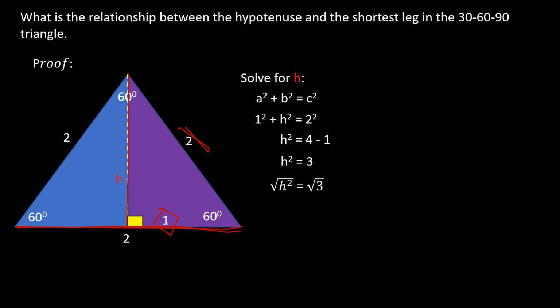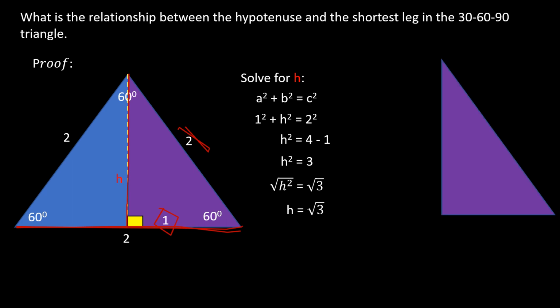And applying the cancellation method by extracting the square root of h squared, we also extract the square root of the other side, the square root of 3. But we know that the inverse of square is square root, so square root and square cancel each other out. So we have h equals square root of 3.